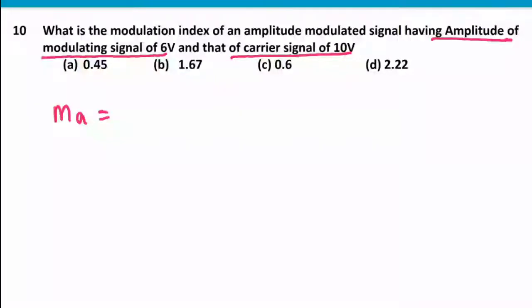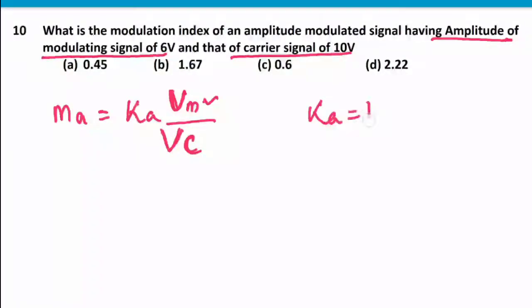MA is given by Ka into Vm by Vc. This is the voltage, that is amplitude of modulating signal, and this is amplitude of carrier signal. What is the Ka? K is the proportionality constant. If not given any value, Ka can be taken to be 1.